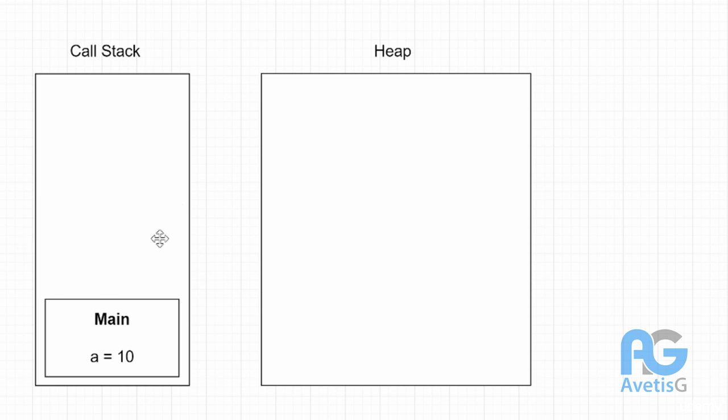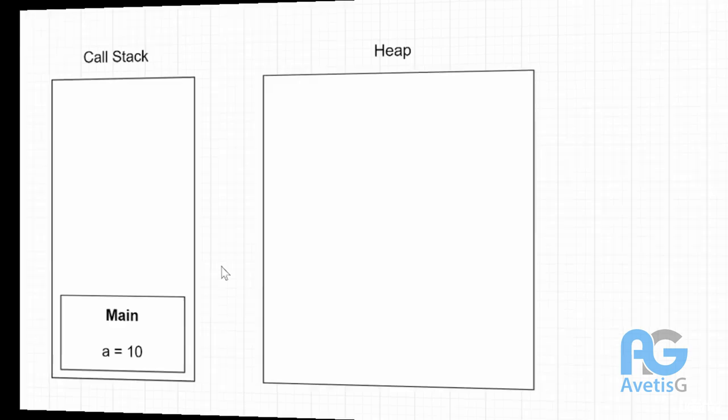So basically this happened. So you see, once it came back to main, it did not know what the change number of a was any longer because it was gone out of the stack. It no longer exists. So that's why we saw a to be 10, even though we changed it in the method above it, because that method was gone and that value was gone with it.